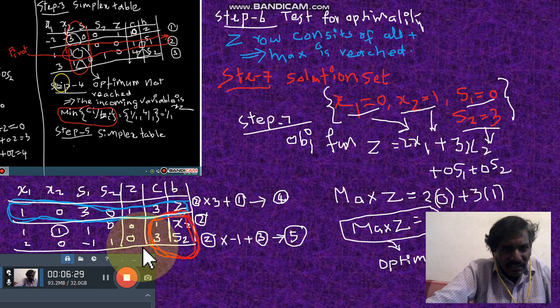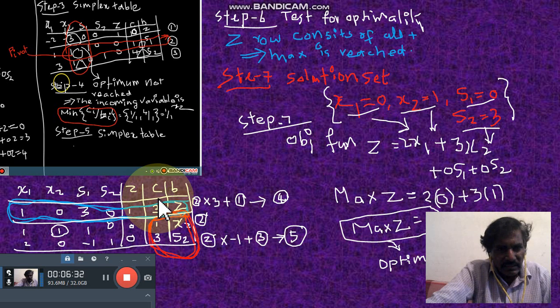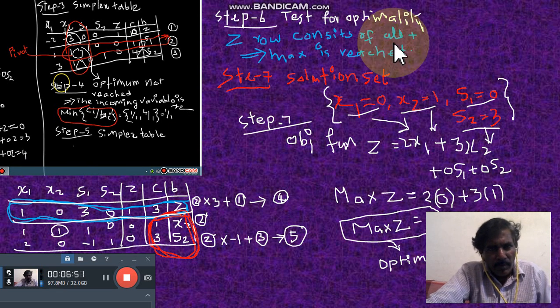Now the next step is the test for optimality. We know well here that the objective is to maximize the function. So maximization means all the numbers here should be positive or 0. We see that all are positive or 0. Therefore, the optimum is reached.